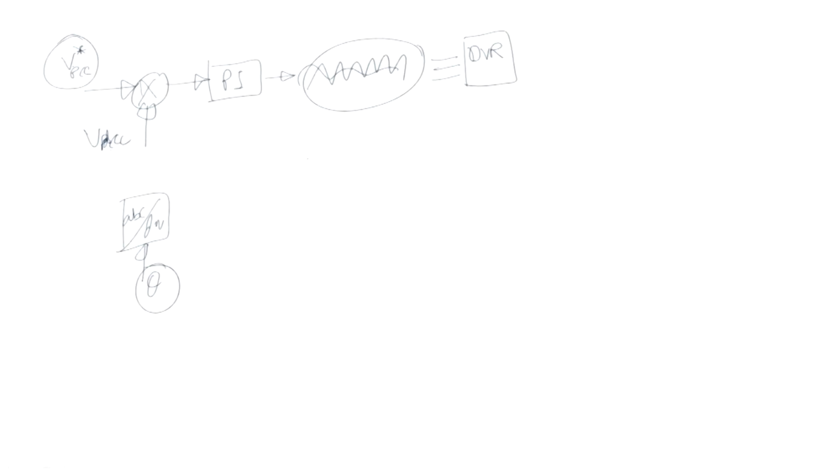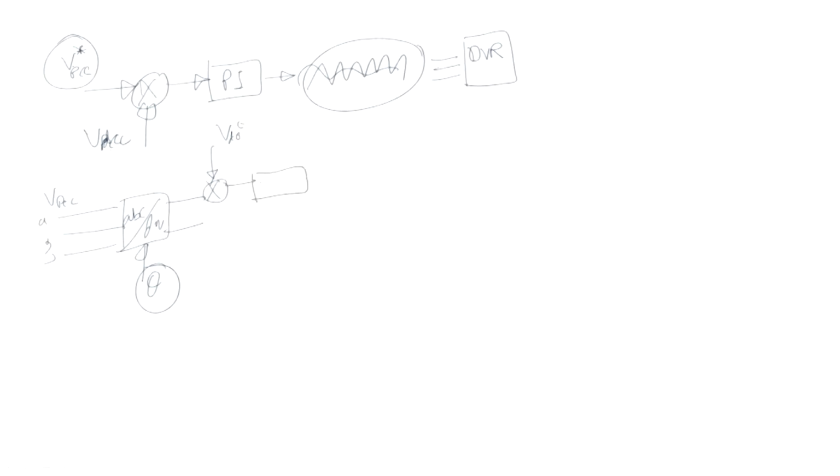So, your actual PCC voltage is available. This is the PCC voltage in ABC, and ultimately you get D and Q. Generally Q does not count. So, you get some value of this voltage, and this is your VDC reference.